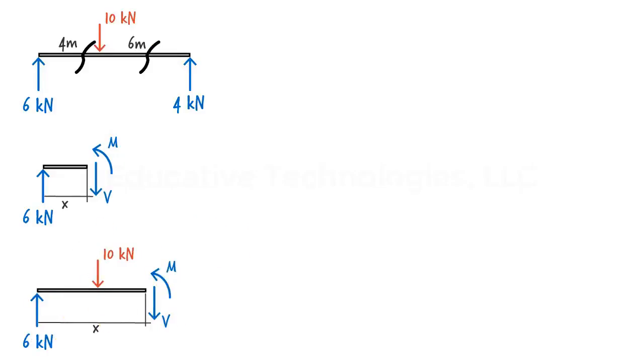Step 4. Now formulate the equilibrium equations for each free body diagram, then solve them for the unknown shear and moment. For the first free body diagram, for the sum of the forces in the y direction, we get 6 minus V equals 0.